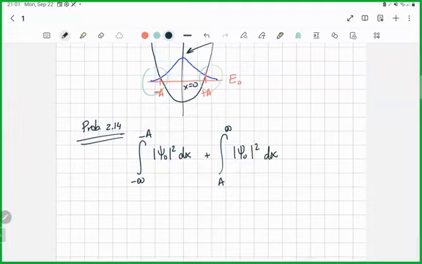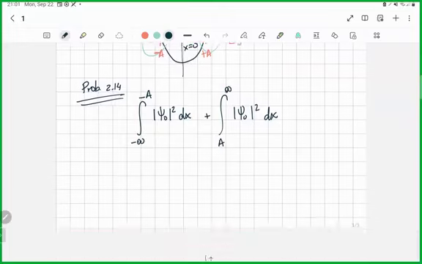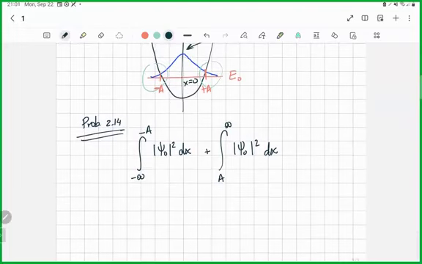And what is this A? What is this amplitude? Well, this amplitude comes from the classical motion. From the classical motion, what do we know? That the energy is p squared over 2m plus 1/2 m omega squared x squared.